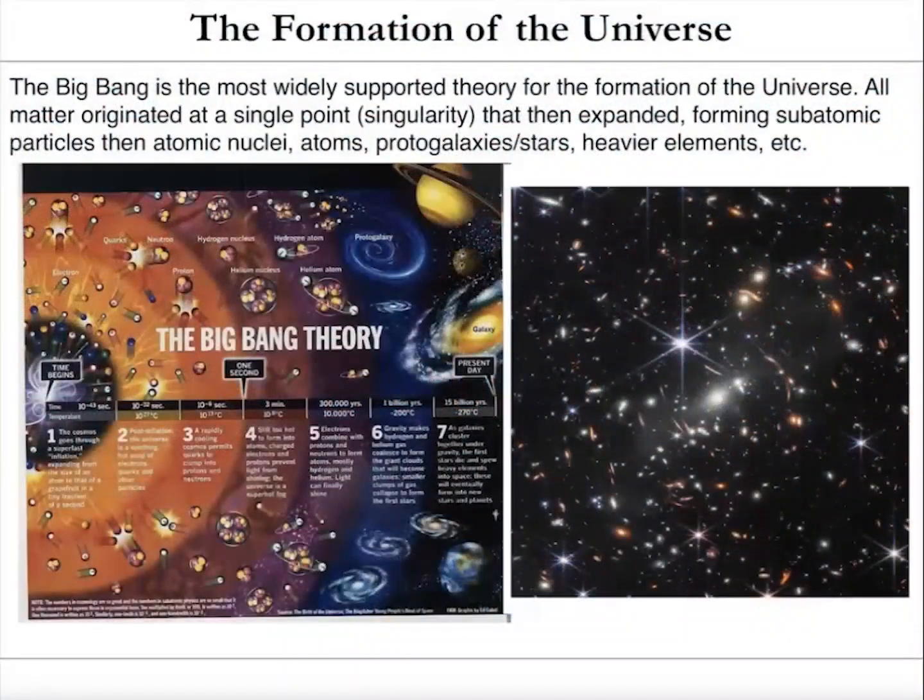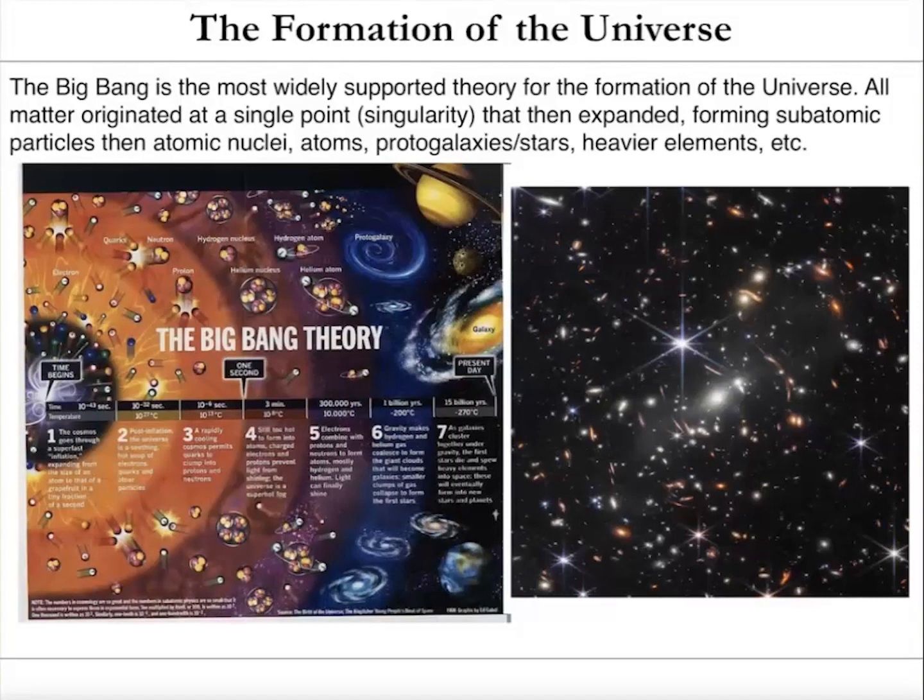So we're going to be talking today a lot about atoms and how atoms interact to form molecules, and basically the formation of all atoms can stem back to the Big Bang. So the Big Bang theory is the most widely supported theory for the formation of the universe. It's the most easily explained by the math and just observational evidence and research that's going on.